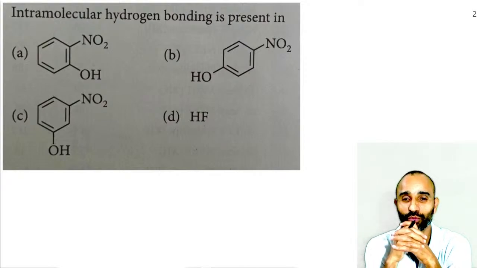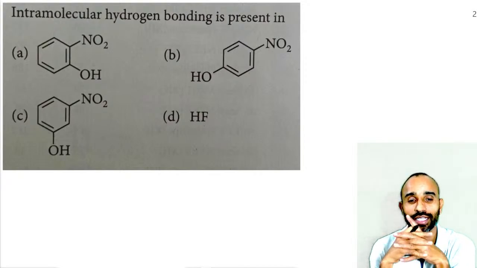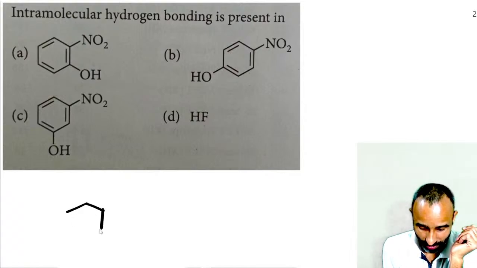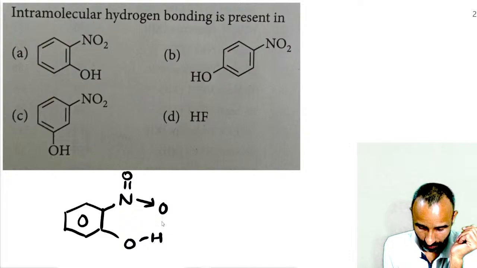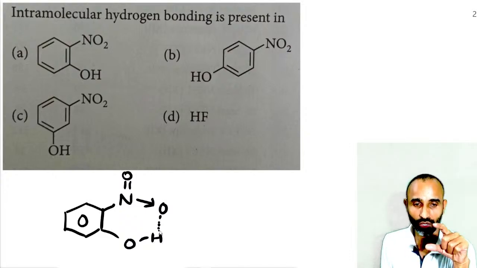Intramolecular hydrogen bonding is present in which? There is only one option where intramolecular hydrogen bonding is present. It should be at the ortho position.